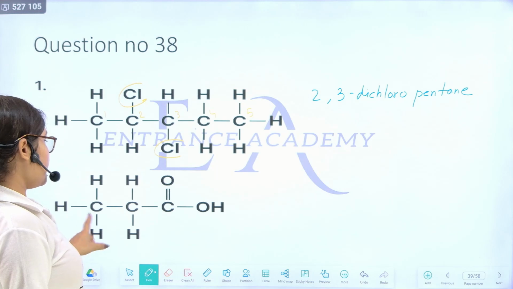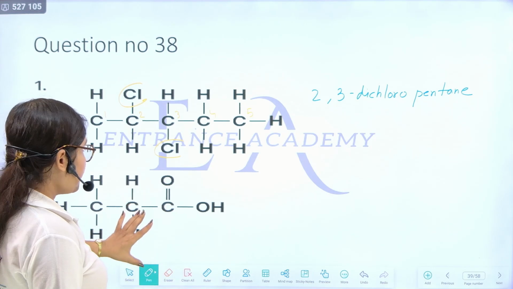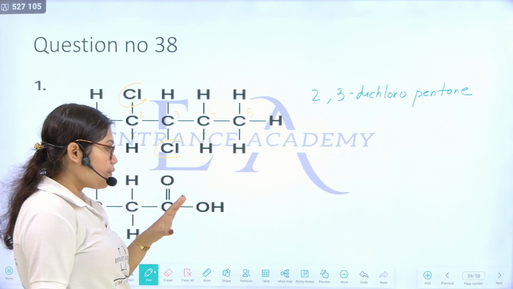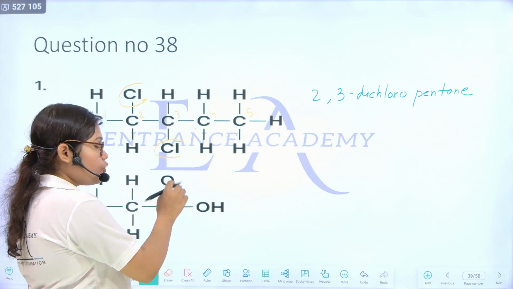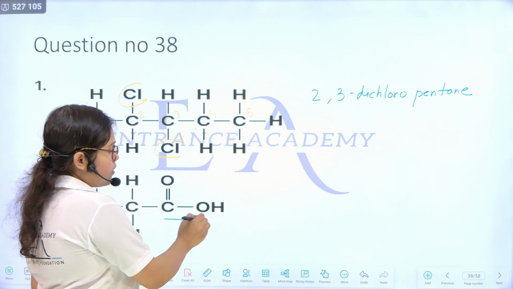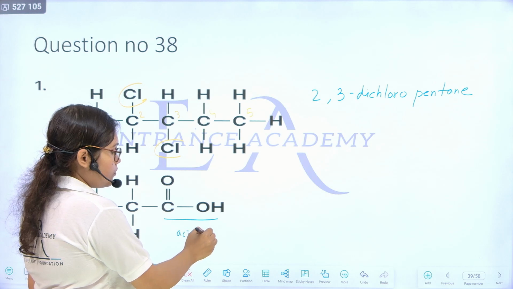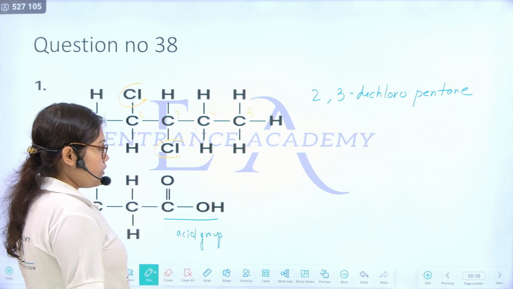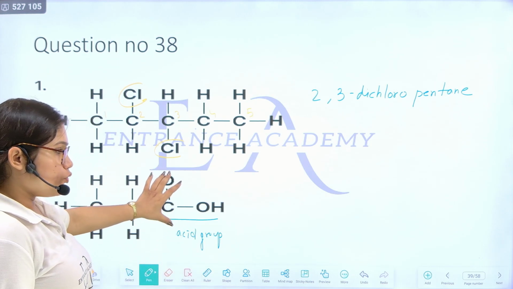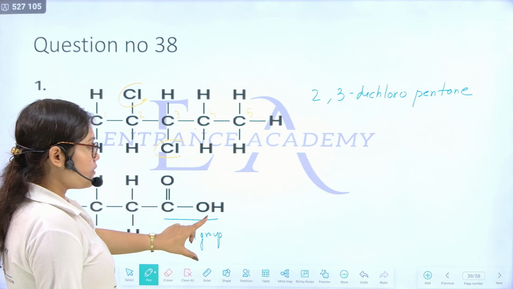Next structure is this. Please mention the group, or you have to prioritize the group first. This one is COOH, that is the acid group, so oic acid is the term.